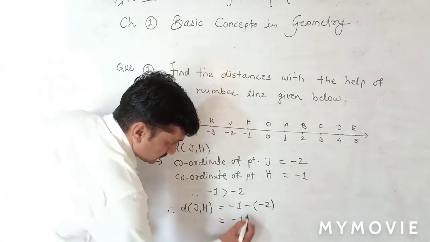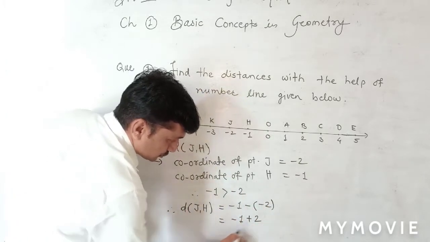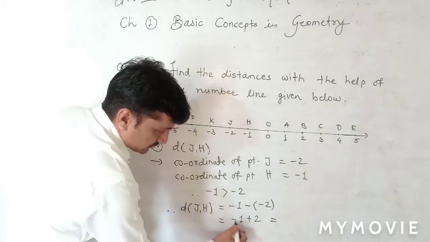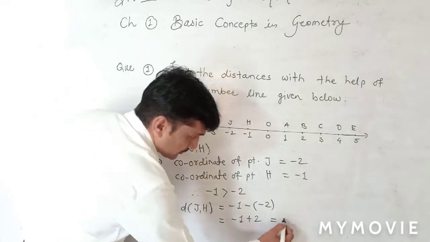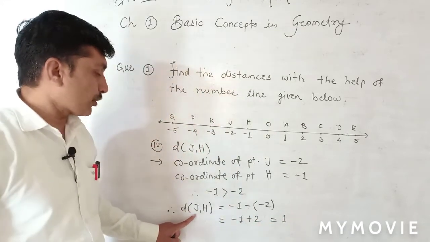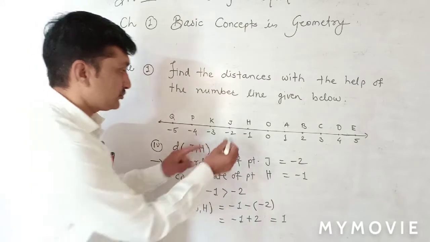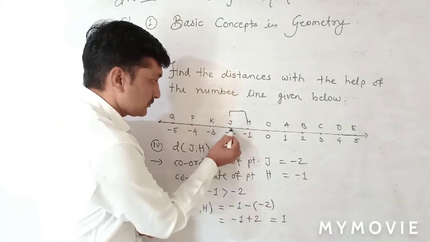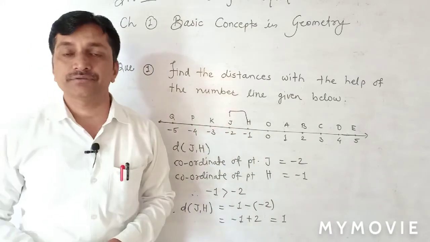Minus 1 as it is, minus minus plus 2, minus 1 plus 2, subtraction is 1. 1 is the distance between points J and H. You see here JH, 1 only, 1 unit.